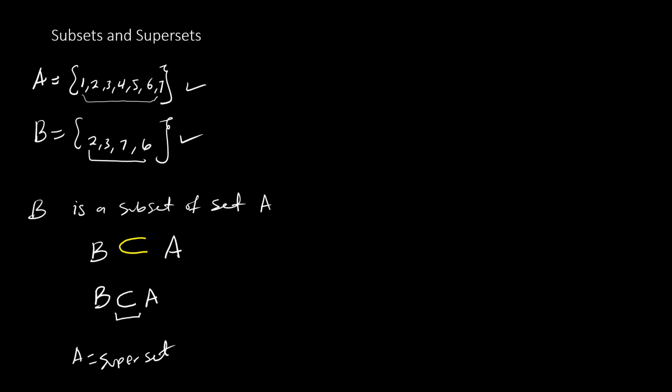Hope that is clear enough. Set B is a subset of set A, while set A is a superset of set B. A set that is being derived is referred to as a subset, while the master set is the superset.